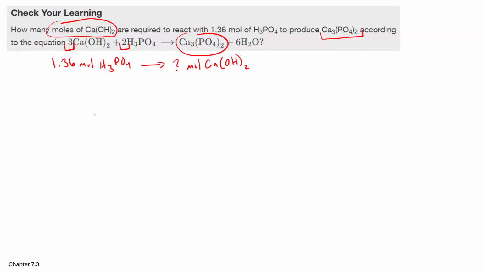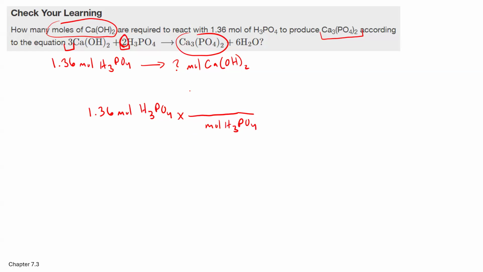So we're going to start with 1.36 moles H3PO4. All right, so now we're going to multiply by the mole ratio. Since this is the original value we're trying to use to figure out the other value, there is a 2 in front of that phosphoric acid.